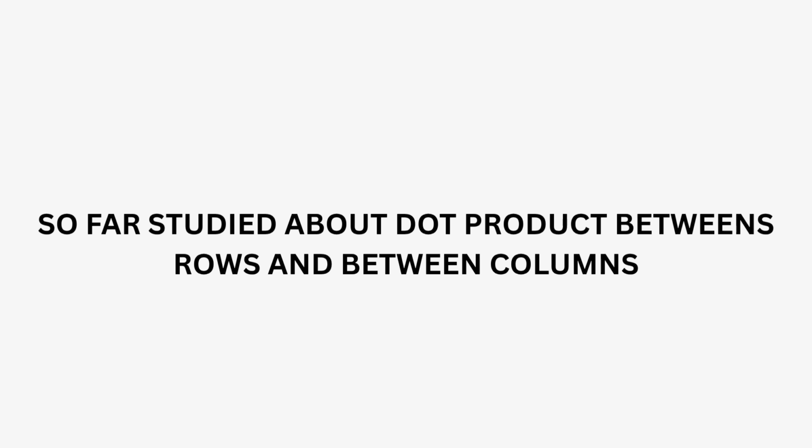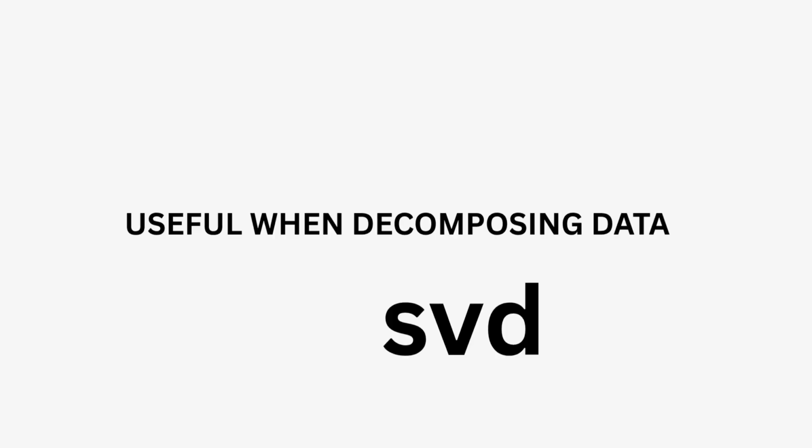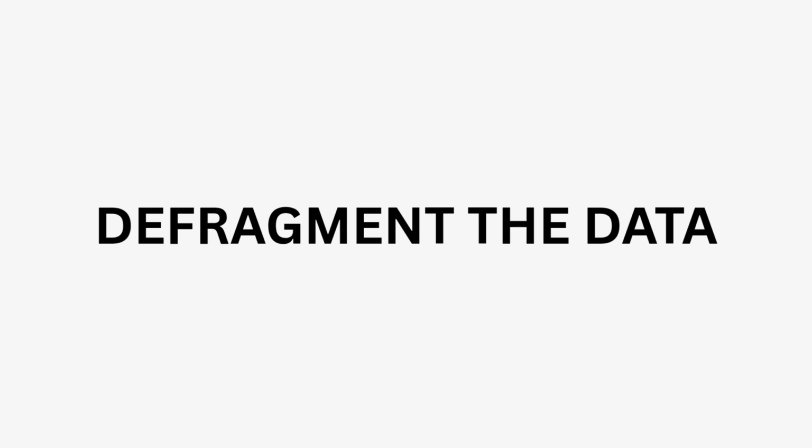That's why I introduced the transpose beforehand, which involves the matrix and its transpose. This is important when choosing how to decompose data. Decompose means, like, you defragment the data in the matrix.